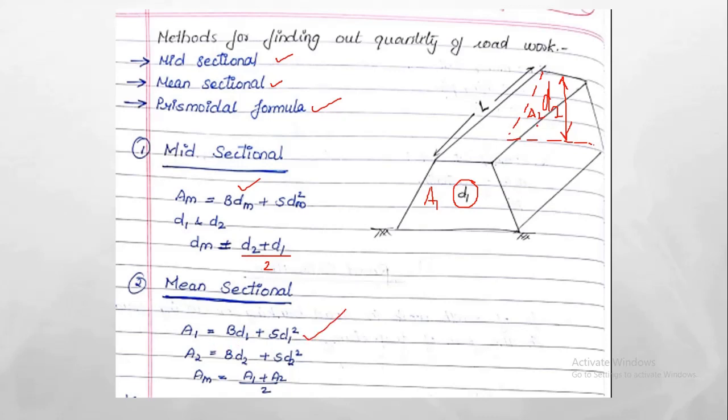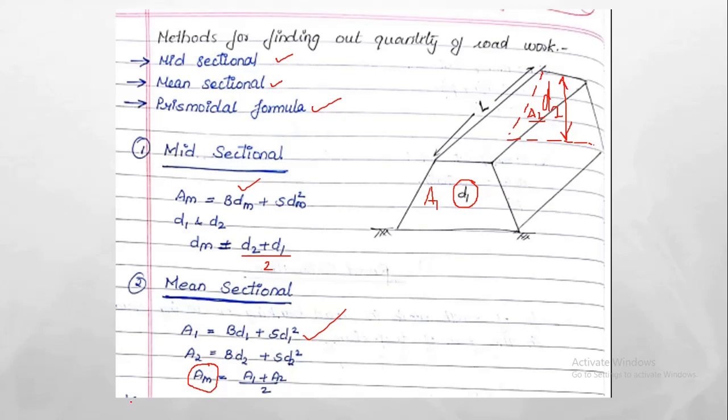Coming to A2, the area will be BD2 plus SD2 square, and the mean area AM is equal to A1 plus A2 by 2, and using this area we'll get the total volume.